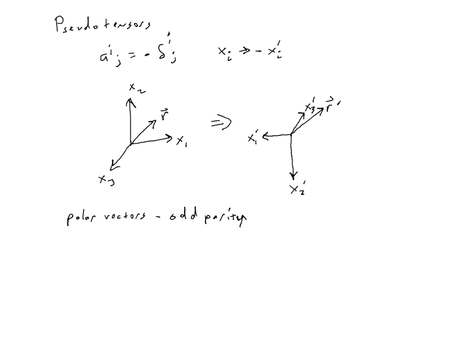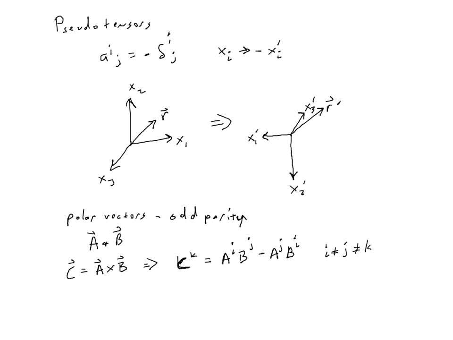An example of that is if you have two polar vectors, let's say A and B, and you have a new vector C, which is formed by a cross product of vector A and vector B. Then you can write that as C_K is equal to A_I B_J minus A_J B_I, where I is not equal to J and it's not equal to K.